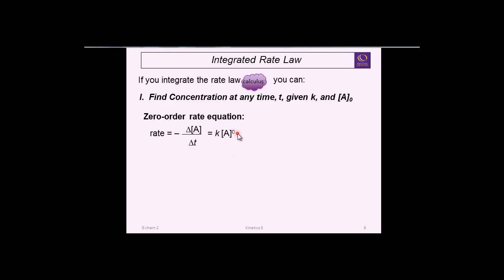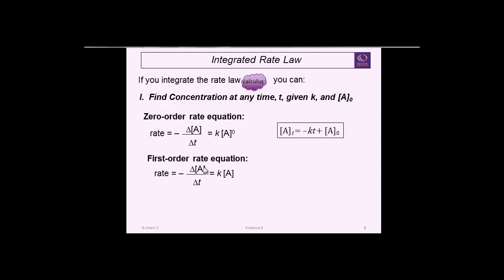We put the zero in there sometimes just to remind you of that, but anything raised to the 0 power is 1. So now if we set up this expression, you can get a linear expression. When you rearrange it, you can find the concentration at any time if you know the rate constant, times the time you're running the reaction, plus the original concentration.